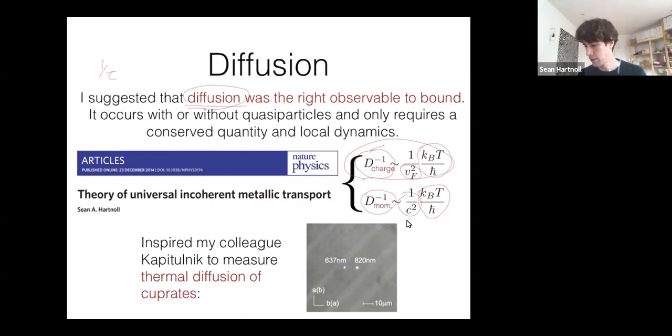So how do you do it? You take your sample, you shine a laser with a certain frequency, modulated with some frequency. You shine another laser a little bit far away, and you measure how much this reflects. You measure the reflectivity here, and it's oscillating with some frequency. There's a phase shift in the oscillations compared to the source, and it turns out that this phase shift depends on the diffusivity.